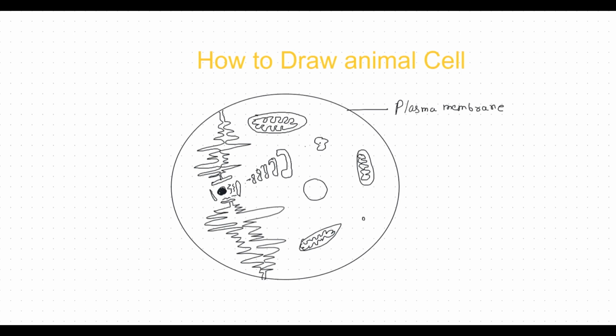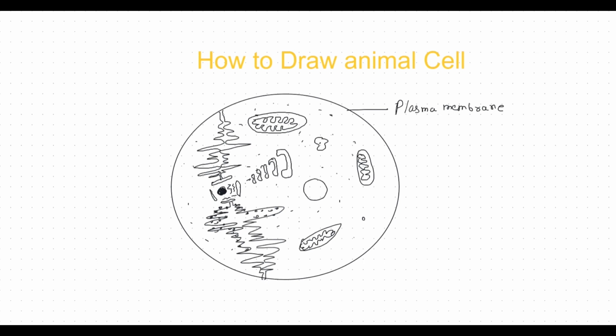And you have ribosomes scattered in the cytoplasm and some attached to the ER. Now remember, the ER to which ribosomes are attached is called the rough endoplasmic reticulum, and the ER in which the ribosomes are not attached is called the smooth endoplasmic reticulum.